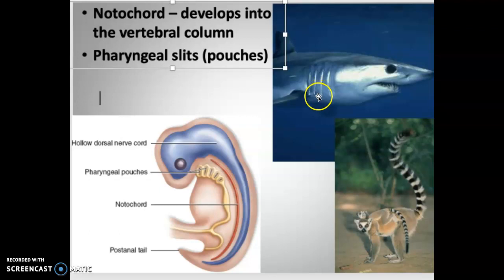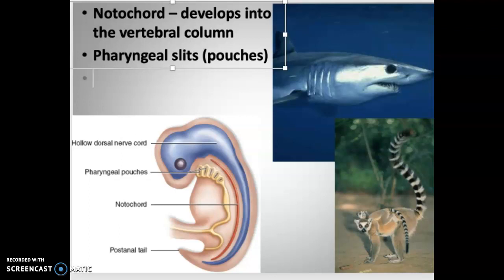Look at the shark up here, those little gill slits along the side of its neck, head, face, whatever we want to call that. That develops from the pharyngeal pouches. In other members of the phylum, it may develop into the inner ear bones or the inner ear tubes or other structures within the head region. But embryologically, pharyngeal pouches will be present.